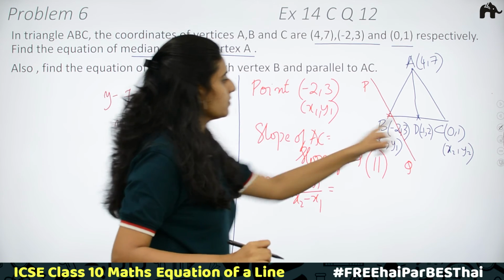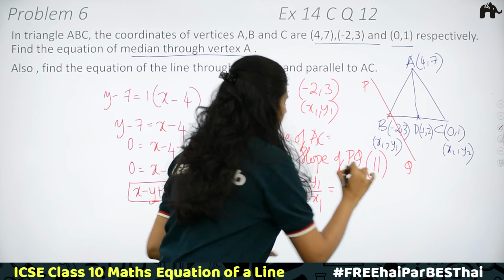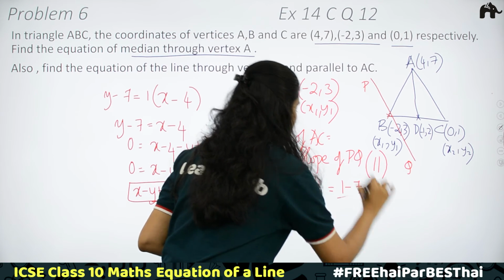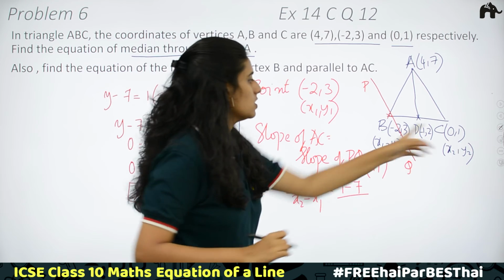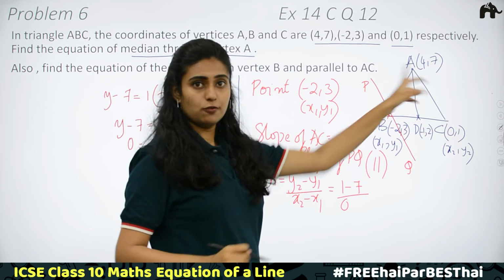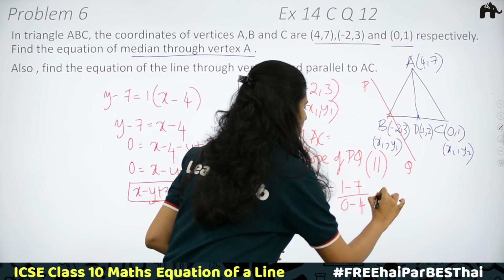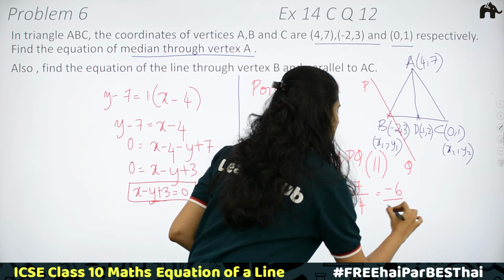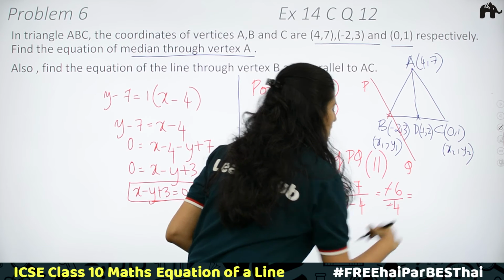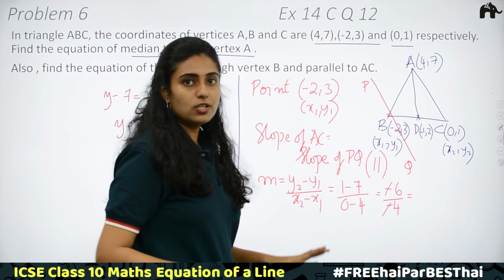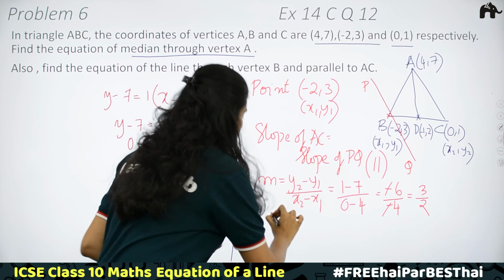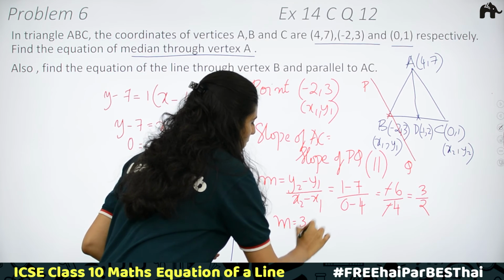What is y2? y2 is 1 minus y1, y1 is 7. 1 minus 7 divided by x2 minus x1, x2 is 0 and x1 is 4. 0 minus 4. That is 1 minus 7 is minus 6, minus 6 by minus 4. Negatives can be removed. What is 6 by 4? 6 by 4 is 3 by 2. We get the slope m is equal to 3 by 2.